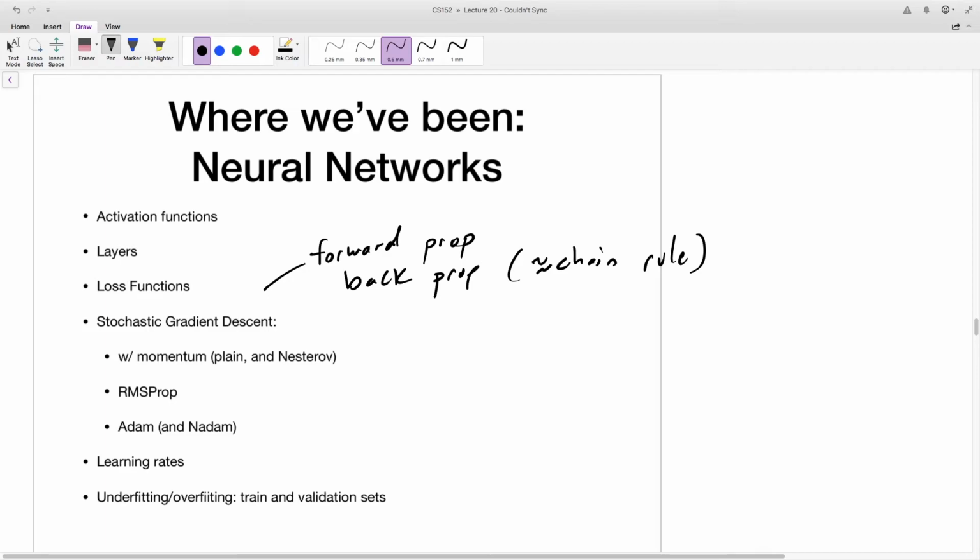Talked about stochastic gradient descent, with and without momentum, plain, and also Nesterov, RMSprop, Adam, and Adam is what? Nesterov Adam, that's right.